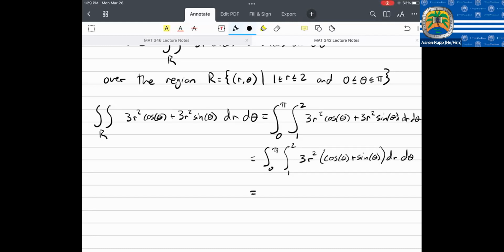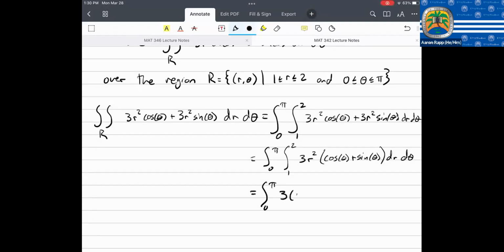And then one habit I want you all to maybe start doing, you can leave your constant multiples inside the integration, but what can I always do with constant multiples? Take them out front. So that 3 is a constant, and because I'm integrating with respect to r, that cosine plus sine is also constant. So I can pull out both of those factors.